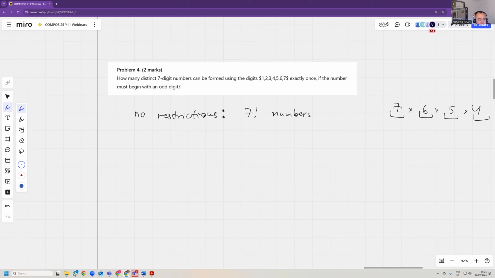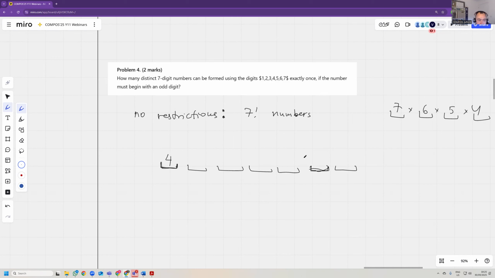But if the number must begin with an odd digit, you start by choosing the first digit. The first digit can be 1, 3, 5, or 7. There are 4 possibilities for the first digit. But then for the remaining digits, it doesn't matter how you place them.